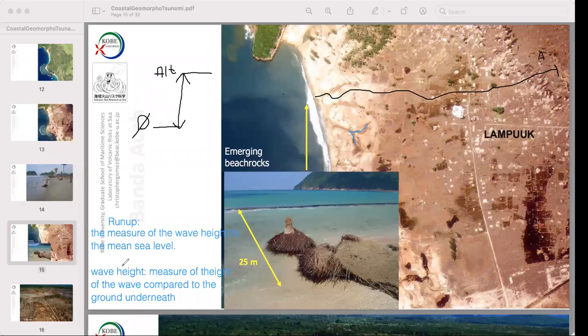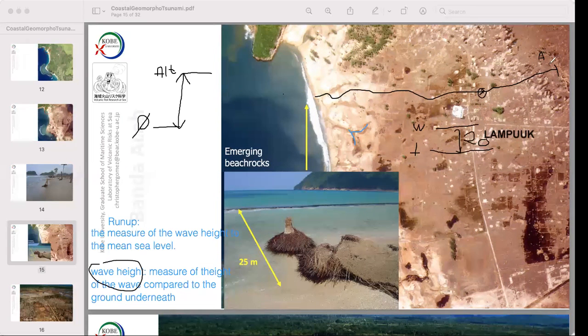If you want to measure the wave height, let's say if you're here, you're going to measure the topography at this location and the water height at this location. So you might have, let's say, 40 centimeters or 20, it was more like 20 meters at that time.